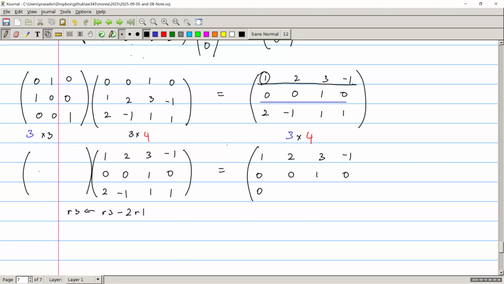You're looking at the rows of this matrix. How do I get that row as a linear combination of these three rows? What is that equal to?